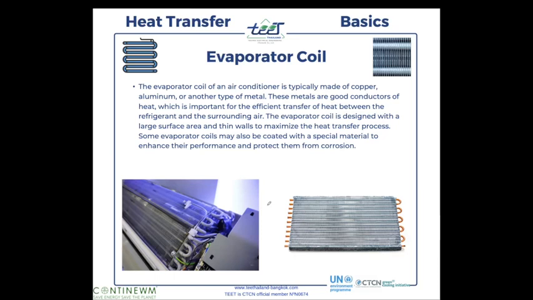What makes the difference is the different treatment that these coils have. They have treatment to prevent corrosion, treatment to prevent dust from getting stuck in. But if you see a coil, you know what it is now, and you know that whatever the color, it has exactly the same objective: to transfer the heat.